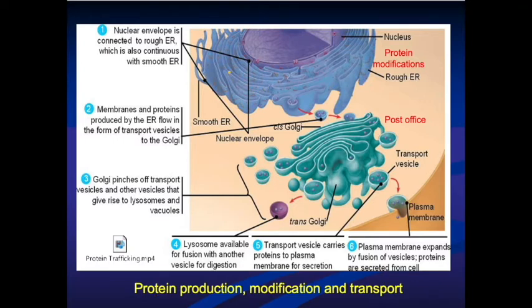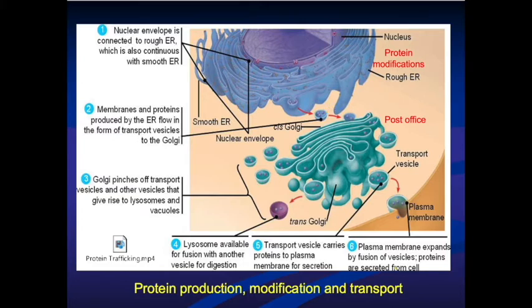So we'll start from here. The nuclear envelope is connected to the rough ER, which is also continuous with the smooth ER here. The rough ER is important for protein modification, especially for proteins that need to be transported to certain organelles, or secreted to the outside of the cell.